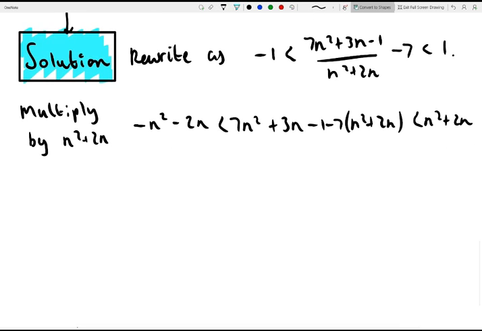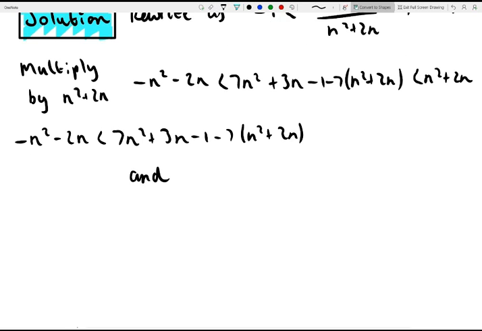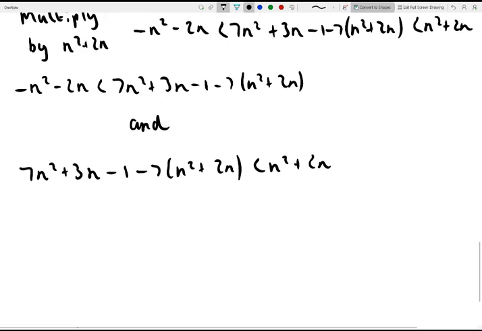Now we have to solve both bits of this inequality, and it's probably best to split these up. So we have to solve minus n squared minus 2n is less than 7n squared plus 3n minus 1 minus 7 times n squared plus 2n, and we also have to solve 7n squared plus 3n minus 1 minus 7 times n squared plus 2n is less than n squared plus 2n.